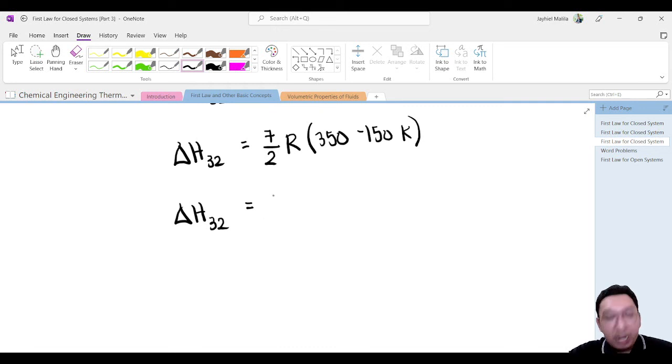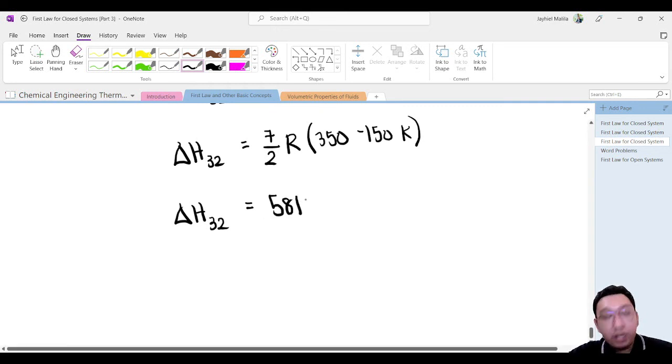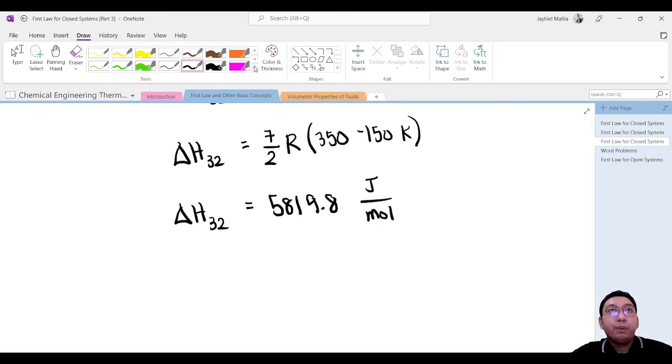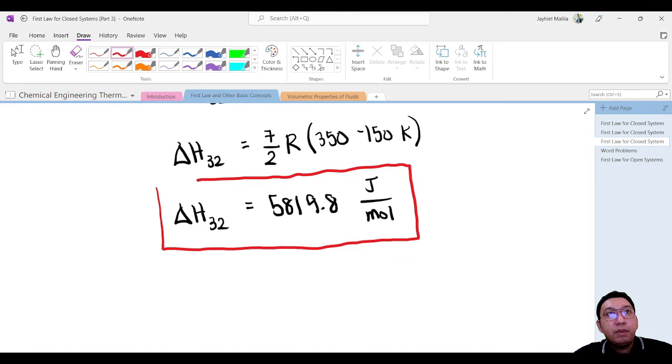So I have the value of 5819.8 joules per mole for delta H. Okay, so if you are my student, then I will be requiring you to expound the R and then really show me everything.